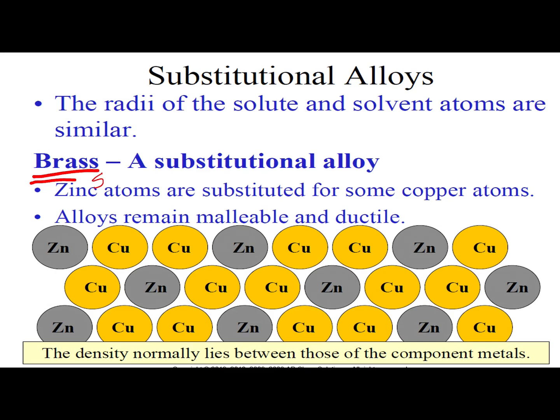So our zinc in this case is the solute, and the copper is considered to be the solvent. And to be a substitutional alloy, the metals have to have a similar atomic radii.